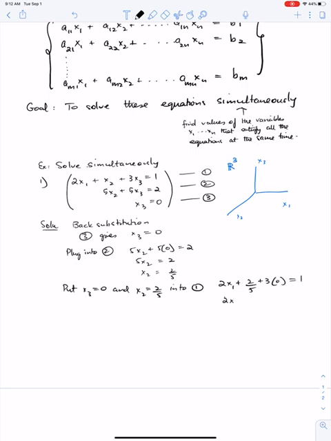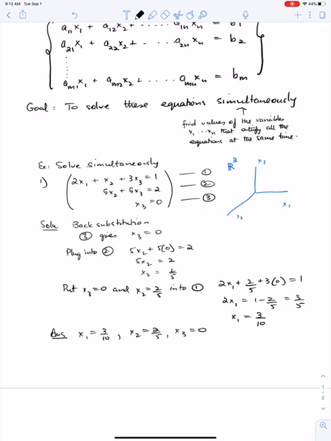So that simplified gives us 2x1 equals 1 minus 2 over 5. That's 3 over 5. And x1 is 3 over 10. That's it. So the answer is x1 equals 3 over 10, x2 equals 2 over 5, and x3 equals 0.